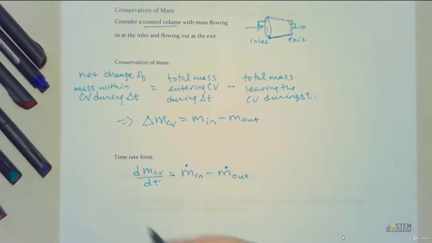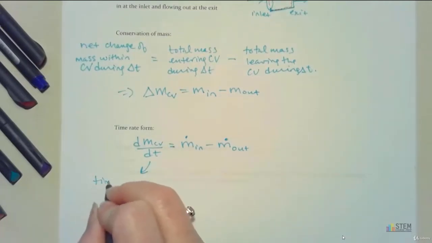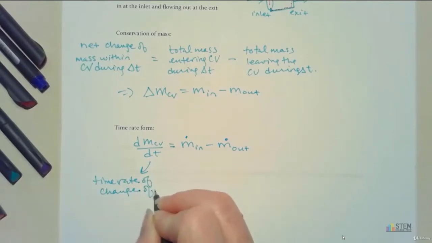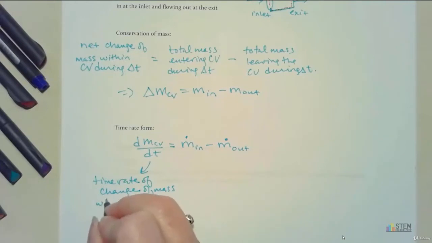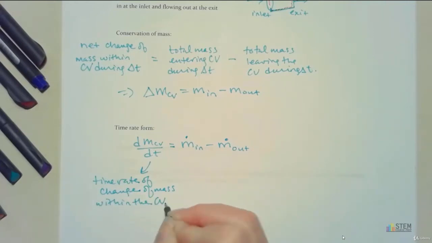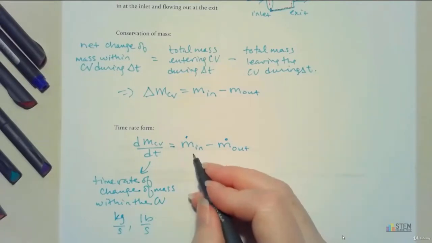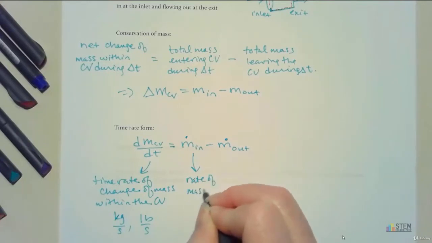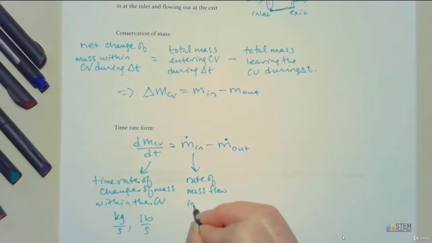Let's label what these things are. This term here is going to be the time rate of change of the mass within the control volume. Units for this will be kilogram per second in the metric system, or pound mass per second in the English system. Now on the right side we've got this m_in dot. This is going to be the rate of mass flow into the control volume.